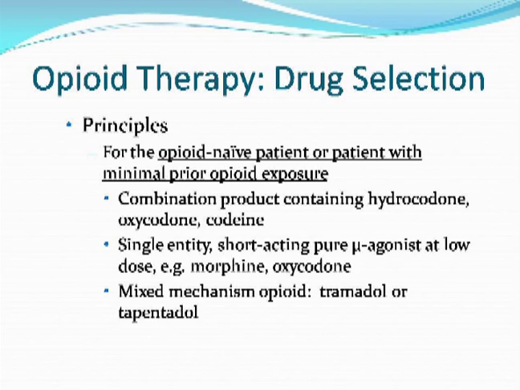We like to take patients who are opioid naive and have moderate to severe pain, and we like to give them hydrocodone and acetaminophen. You, of course, have the option to choose a single entity, short-acting pure mu agonist, like morphine or oxycodone, and you have the choice to use a mixed mechanism drug, which is quite popular in primary care, particularly tramadol.